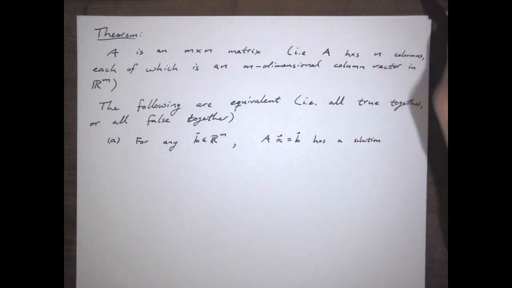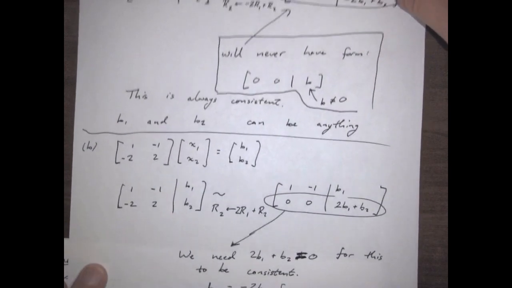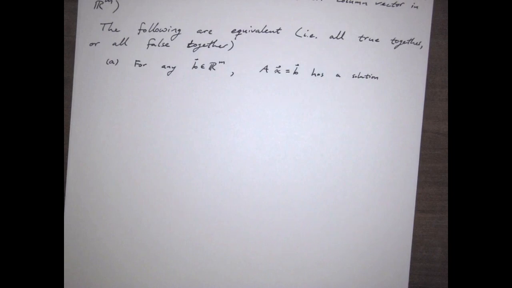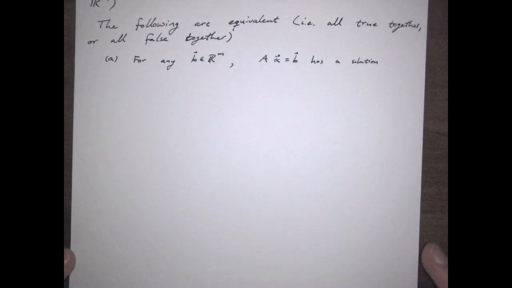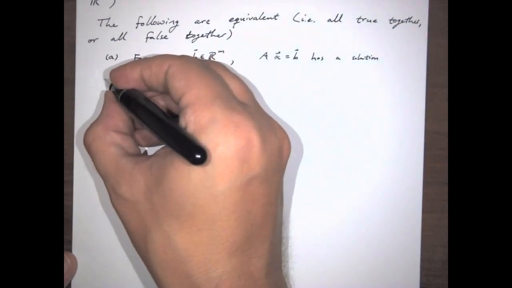So in the previous example, that would be like the first, not the second. So we're in the world of example A here. Any B could have been chosen, and this would have a solution. But let's think about what else that means.